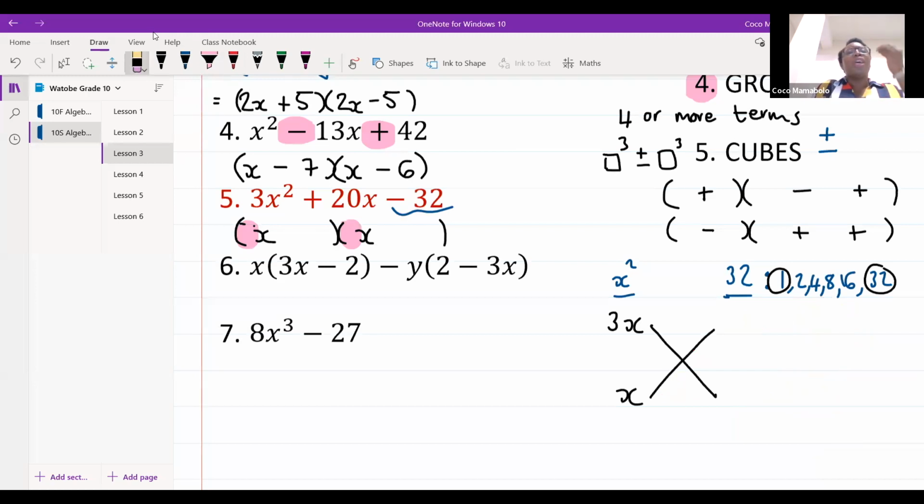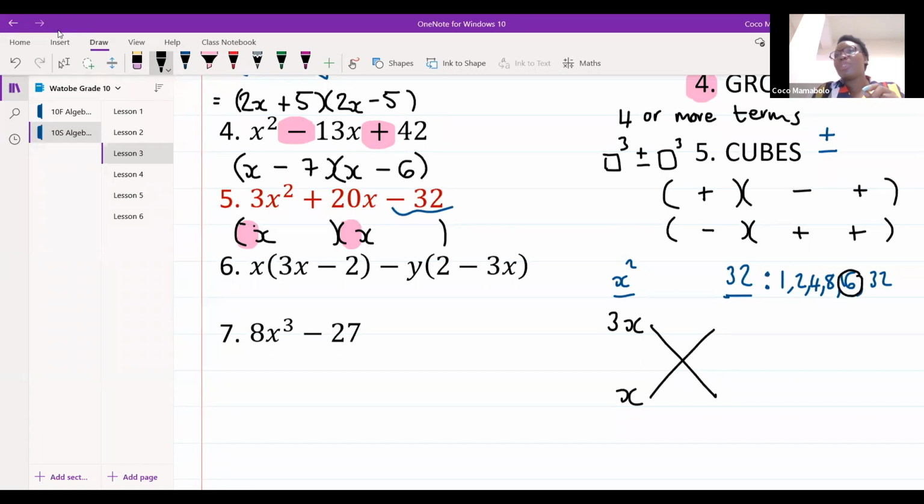32 and 1 don't work. Can somebody give me a pair of 2 other numbers that could possibly work? Which 2 other numbers could we try? Jasmine, what do you think? 16 and 4. Okay, 16 and 4 could work, but 16 times 4 is not 32. Remember, they work in pairs. Okay, I need to make sure that I'm using 2 numbers that when multiplied are going to give me 32.